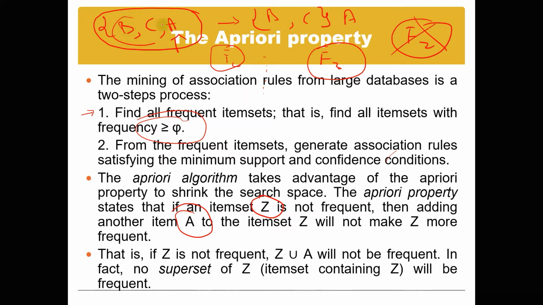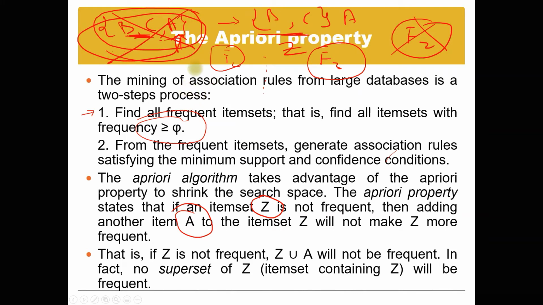If B and C is already not frequent, adding another item to it will not make it frequent. All right, that is the idea. If Z is not frequent, Z union A, that is the superset of Z, will not be frequent. If this is Z, adding an item A to it will not make this new set frequent.